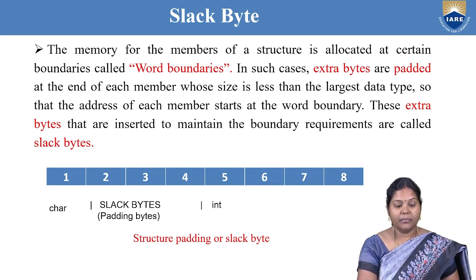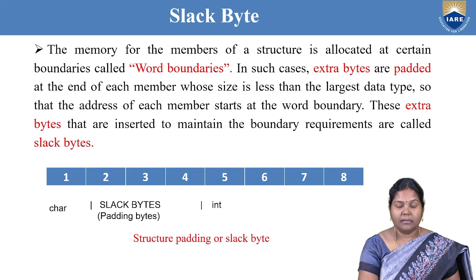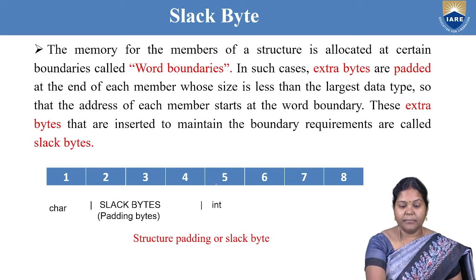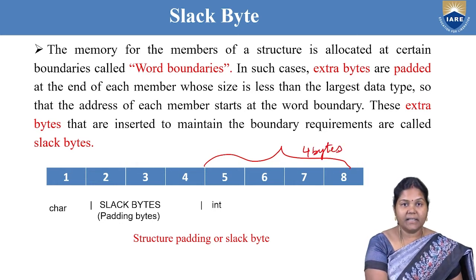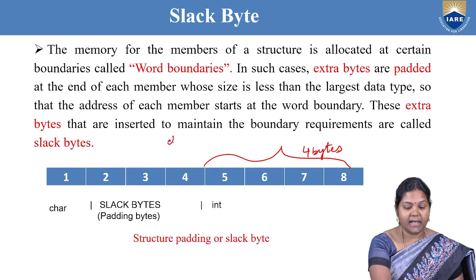Now let us have one example. Suppose we have one character type and one integer type structure member. The integer type member requires, suppose, 4 bytes. But if it is a single character variable, suppose char ch, it requires only 1 byte.